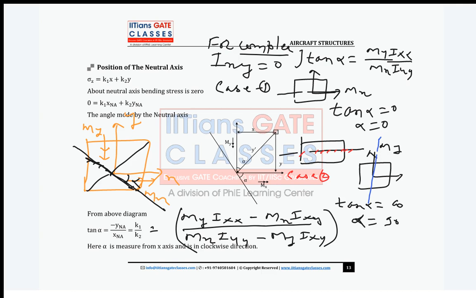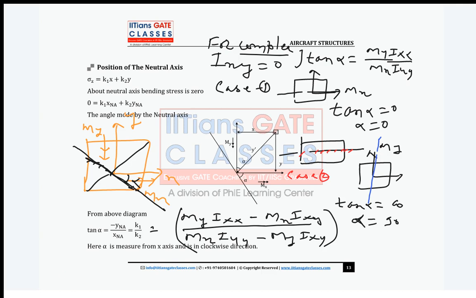Clear? Where your bending stress will be maximum, guys?